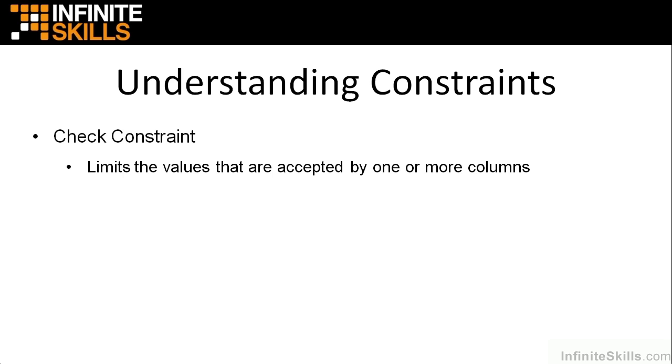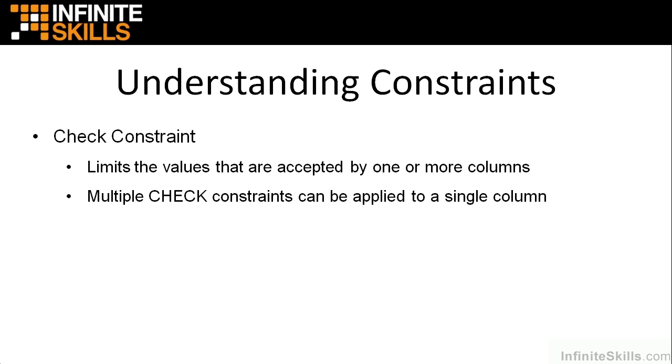Now, the check constraint is the one that you'll see quite a bit, along with the next one, the unique constraint. The check constraint is the one we can use to limit the values that are accepted by 1 or more columns. And I can put multiple check constraints on a single column. What can I do with a check constraint? I can say that a value going in has to be less than 1,000 or more than 1,600. I can say that it has to be between 15 and 27.